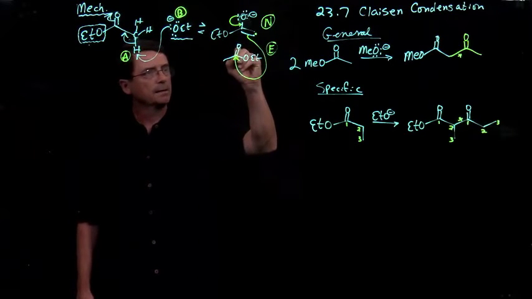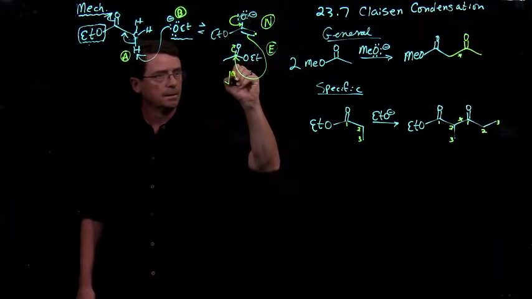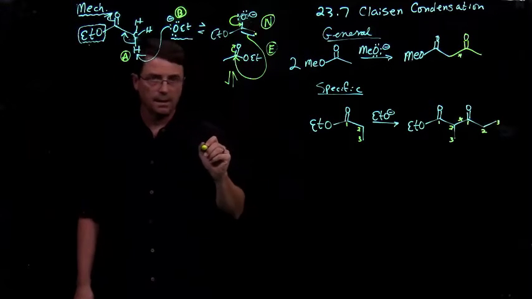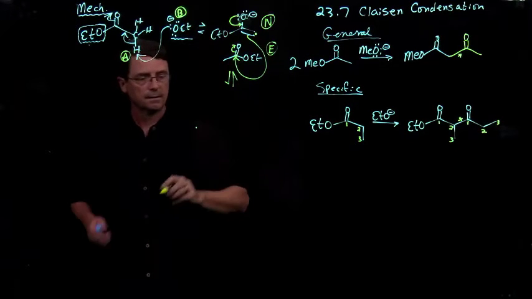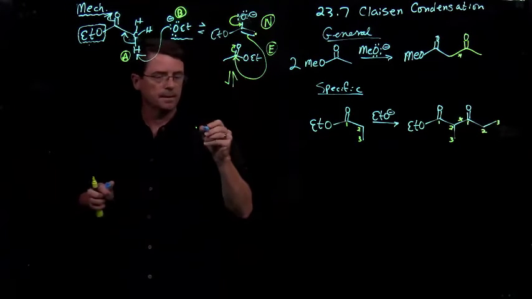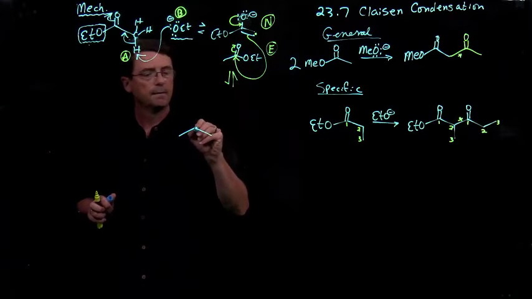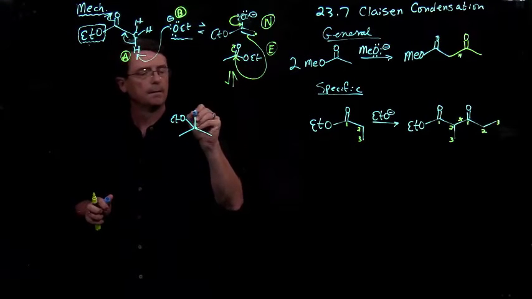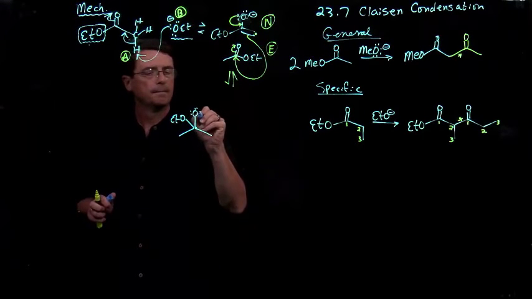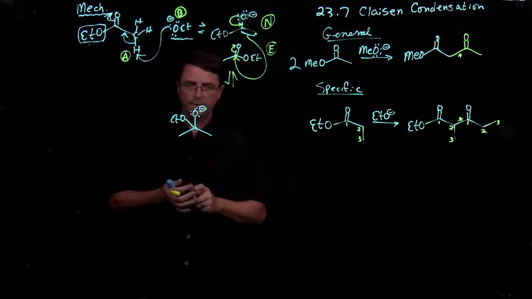We attack the carbonyl carbon, and that, of course, will swing up, producing an intermediate. What kind of intermediate? Let me draw. There's my new tetrahedral carbon.